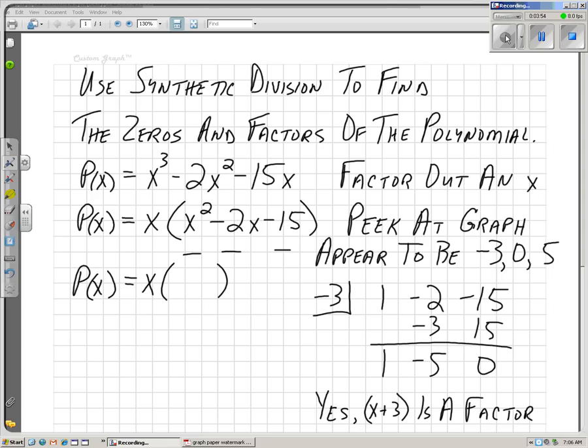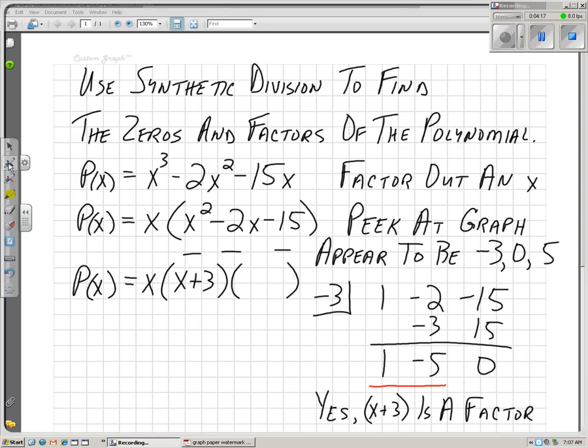Next, we just found out that x plus 3 goes in. We tested the root -3. It went in with no remainder. That means that x plus 3 is a factor. What's my other factor? Well, it's what's left over. Look over here. What does that mean right there? Well, -5 is my constant, and 1 is my x.